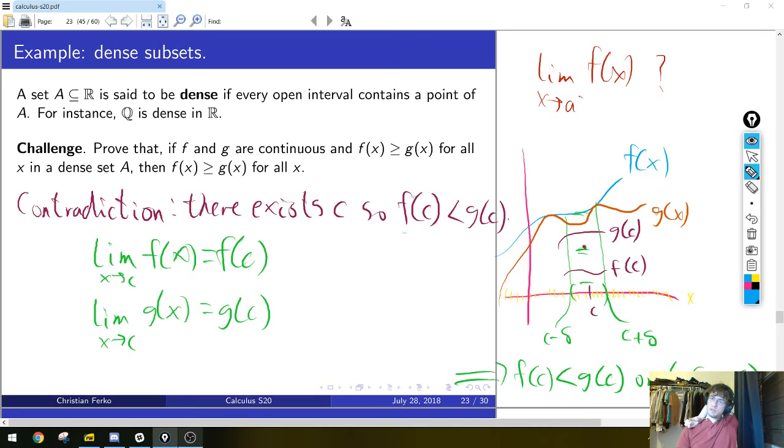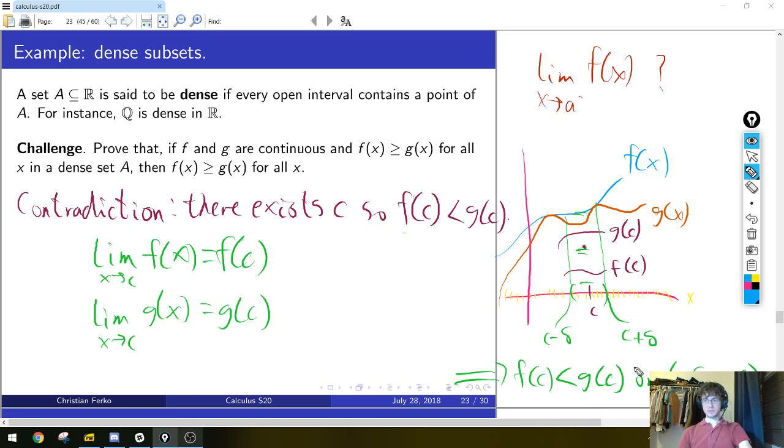Well, it's already contradicting what we know because it's supposed to always be true that f of x is greater than or equal to g of x. Not always true, just true on a dense set. That's the point. We've only assumed f of x is greater than or equal to g for every element of a dense set.